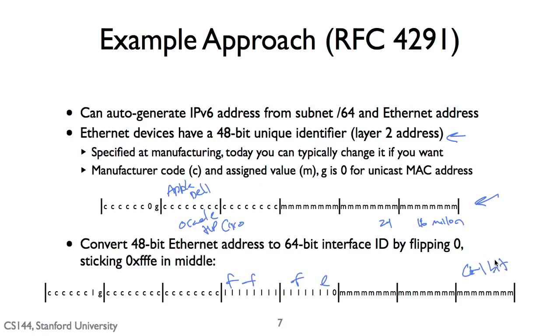So now if I know my organization's 64-bit subnet ID, let's just say it's X, and I know my Ethernet address for my hardware card, which is, say, Y, I can take Y, put it through this function, and now my IPv6 address is just those first 64 bits with these latter 64 bits. This is specified in RFC 4291.